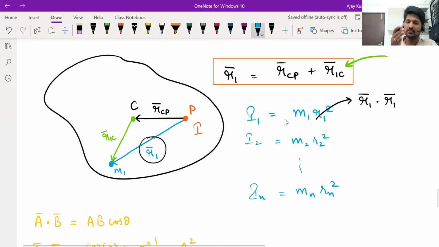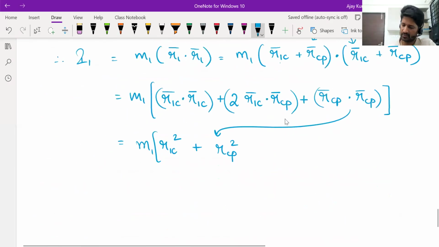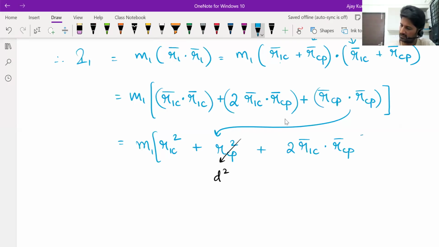It's the distance between the axis passing through the center and the new axis, the green axis and the orange axis, which is nothing but d. So rcp square can be called d square. And then the last term, 2 r1c dot rcp, we can't simplify, so we'll keep that term as it is.